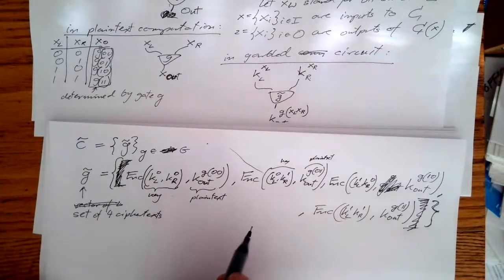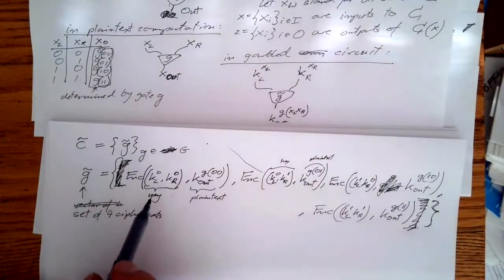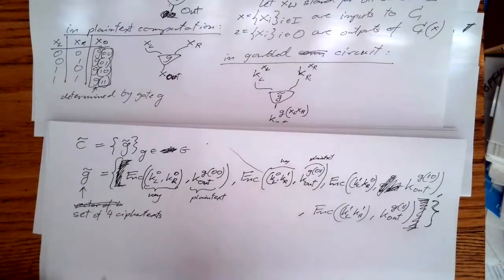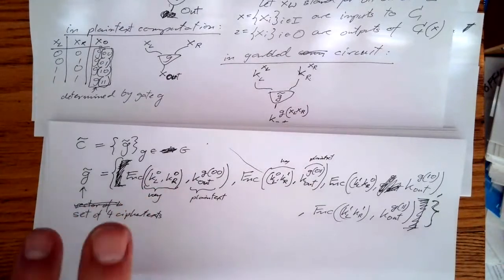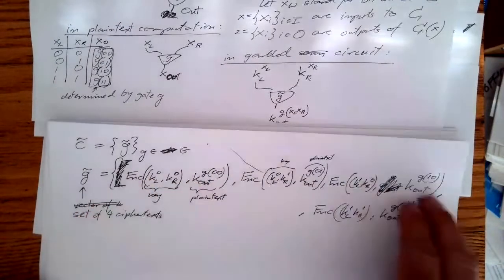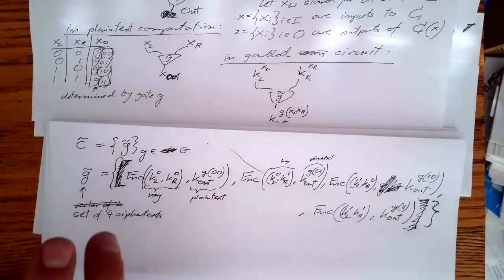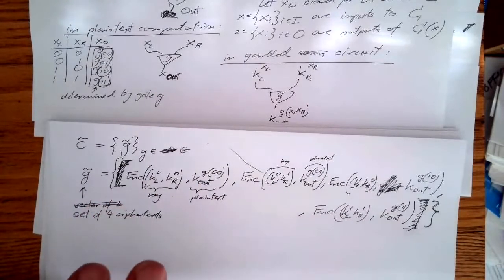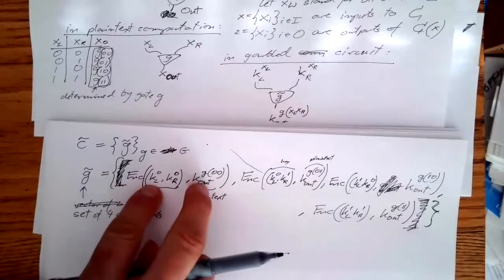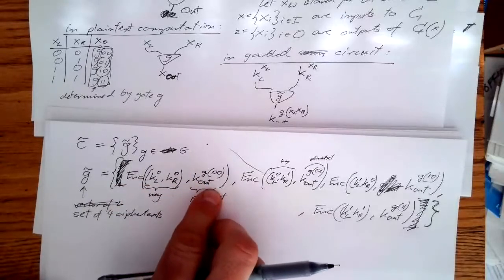Because, as I was arguing, keys by themselves cannot be correlated to which bit they stand for. And so if that's the case, I don't know which keys correspond to which bits. So I try to decrypt this ciphertext and see if I succeed.